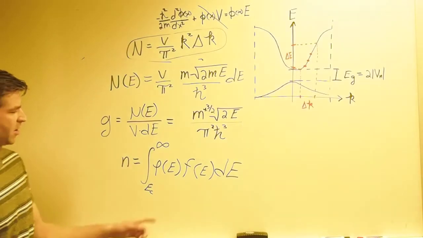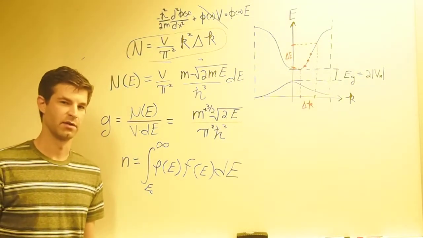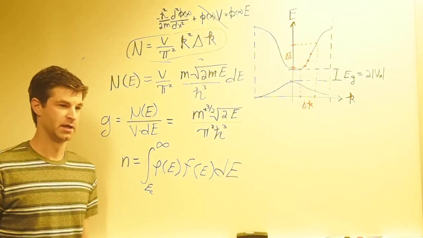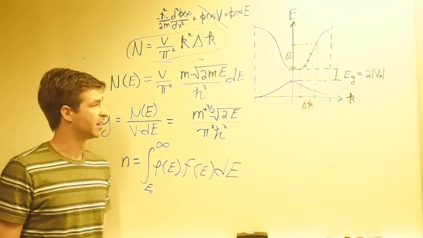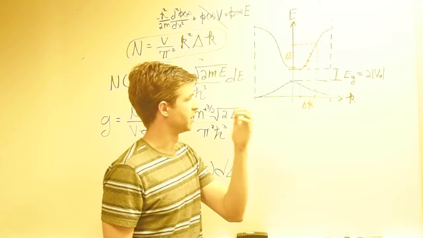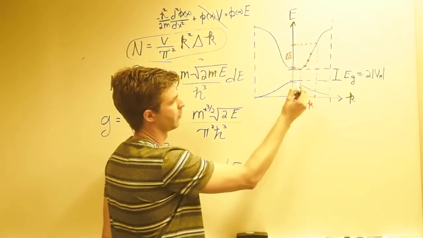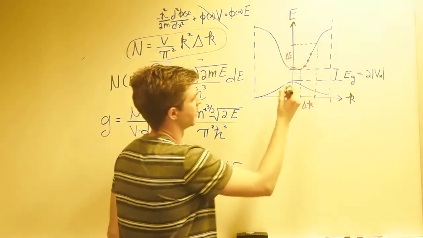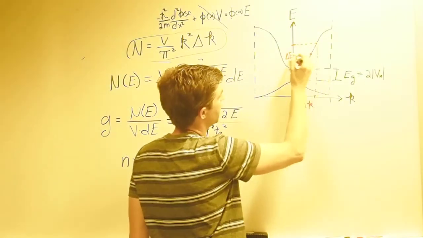And this is actually where we get the effective density of states. The effective density of states is the number of states available in the conduction band. Because in real life, generally when we dope a semiconductor to make it N-type, the electrons are not going to go up here, here, here.